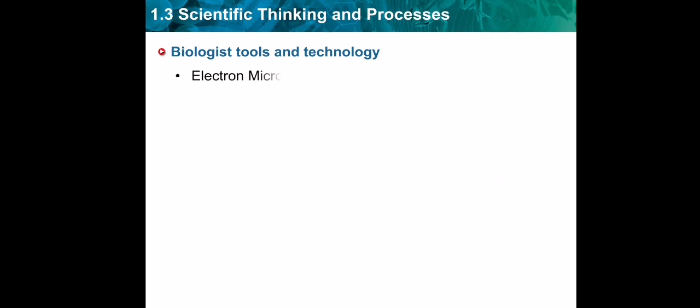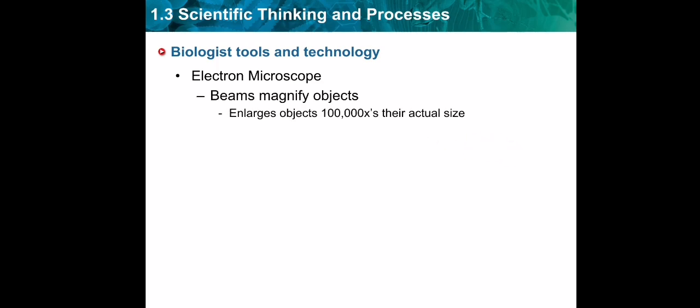Biologist tools and technology. The second type of microscope is the electron microscope. It magnifies things to more than 100,000 times their actual size. It depends on an electron beam that magnifies objects.